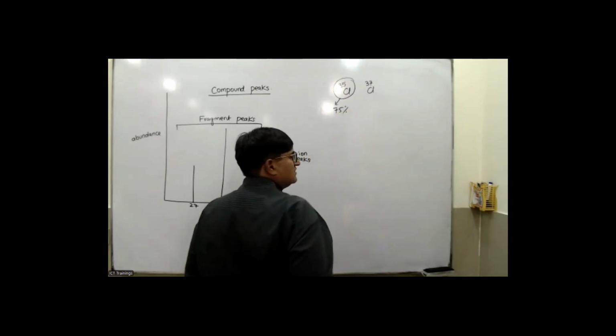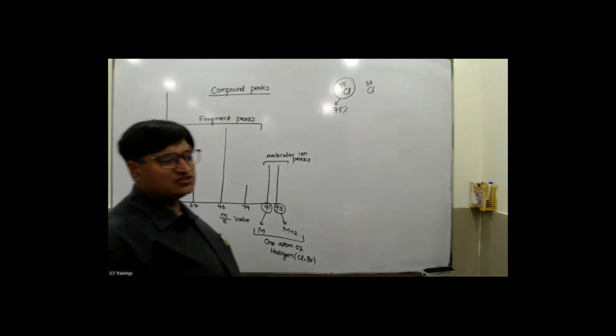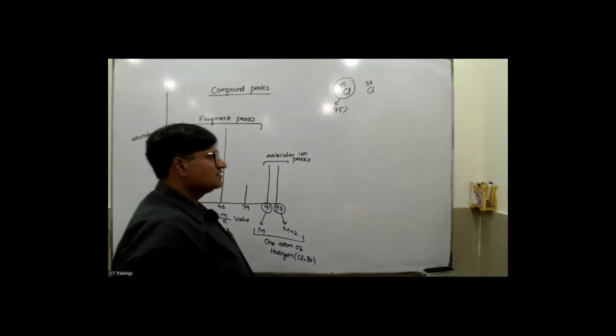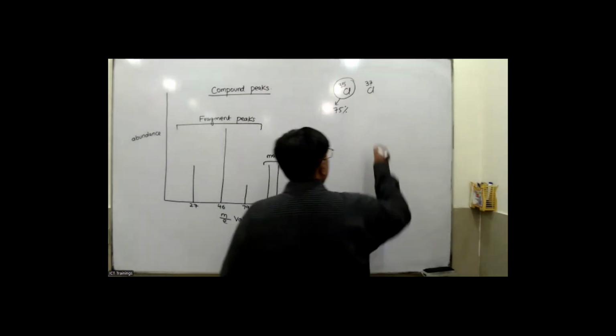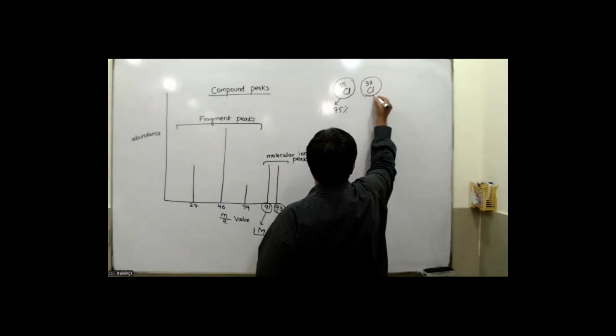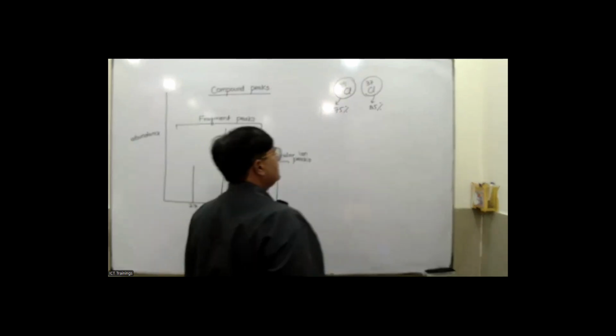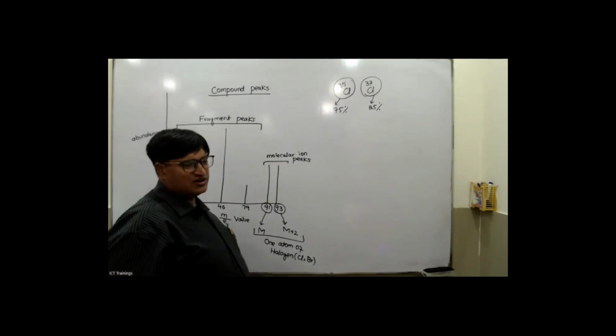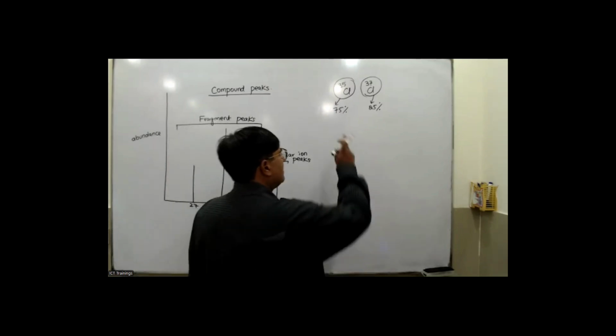If you take 100 atoms of chlorine, there is a 75% chance that it would be the 35 one, whereas the 37 one is 25%. So 75% and 25%. These peaks are of chlorine.